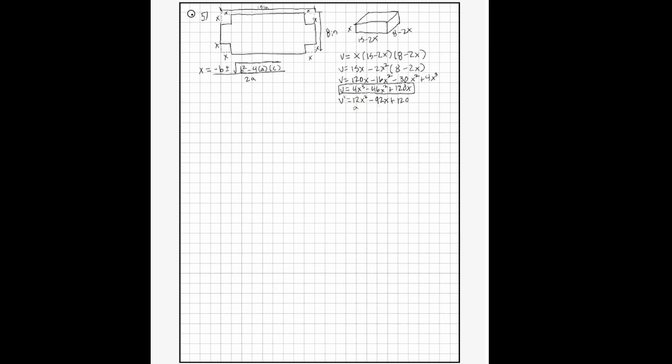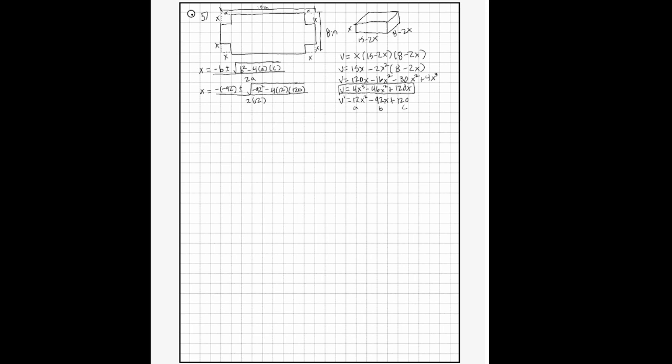This is a, b, c. We do x equals negative negative 92 plus or minus the square root of negative 92 squared minus 4 times 12 times, oh geez, it's going to be a big number, 120. All of this over 2 times 12.